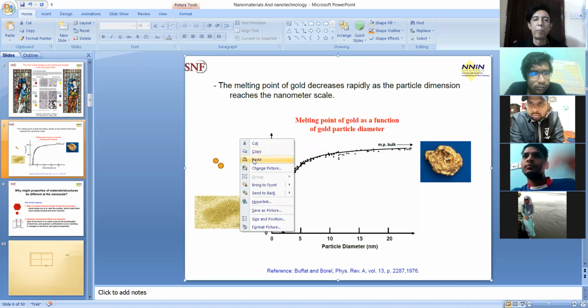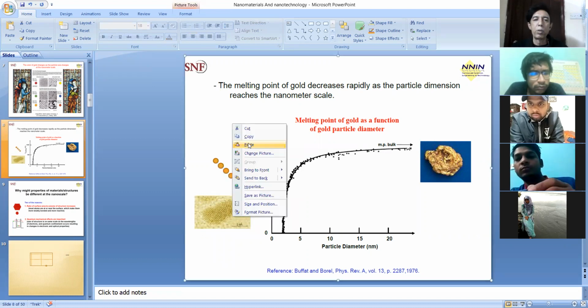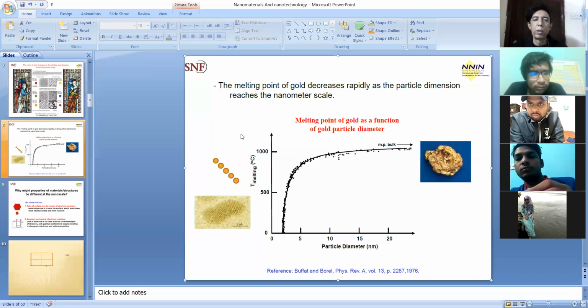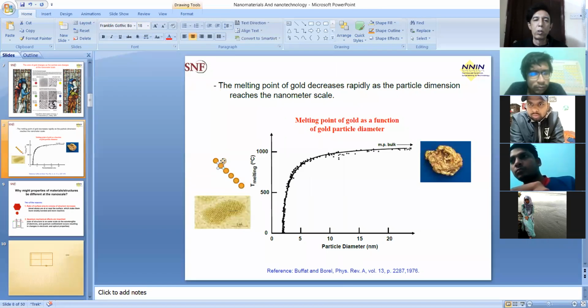Say for example, this is a gold bulk material.